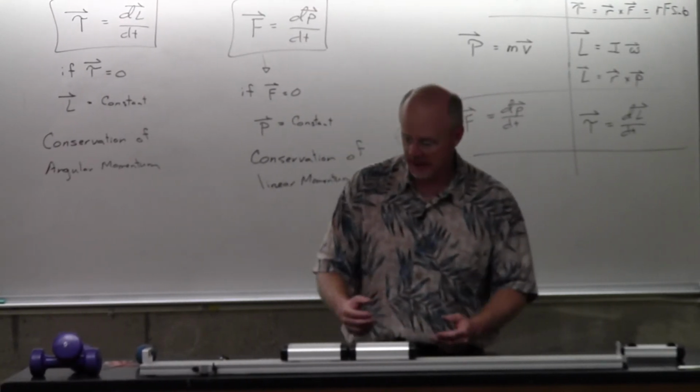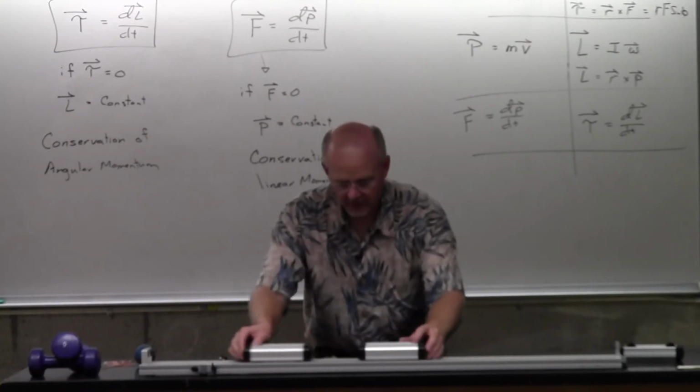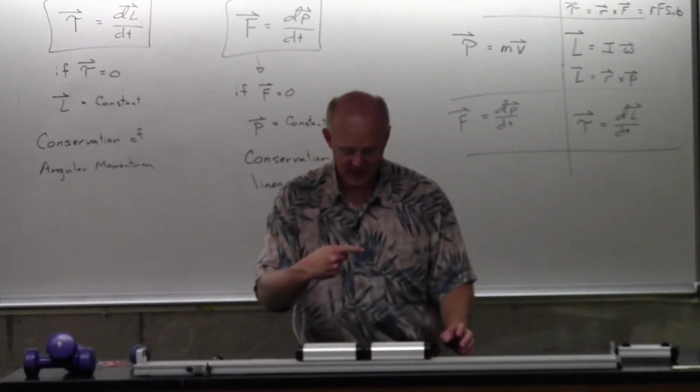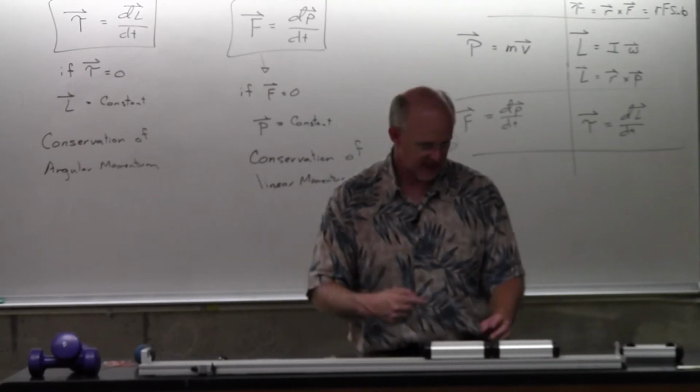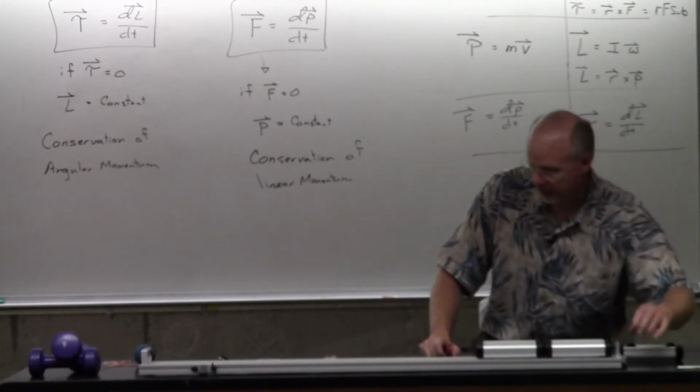This one would lose it, this one would gain it. Looks like it didn't go very far. Let me try the other direction. Maybe it's more downhill that way. Yeah, that looks a lot better. I think we got a little hill to it.